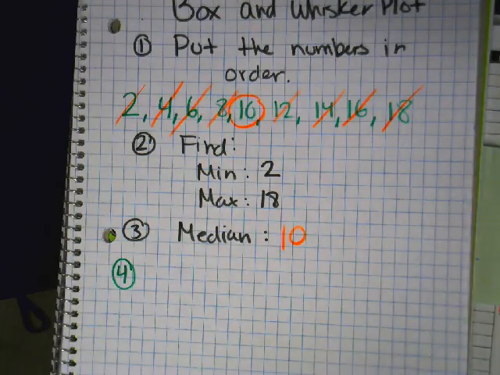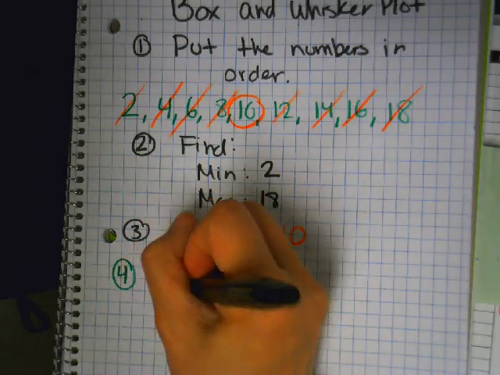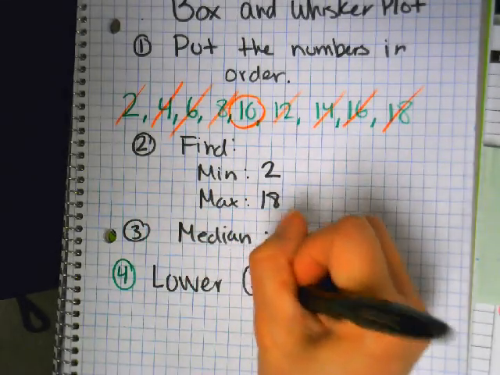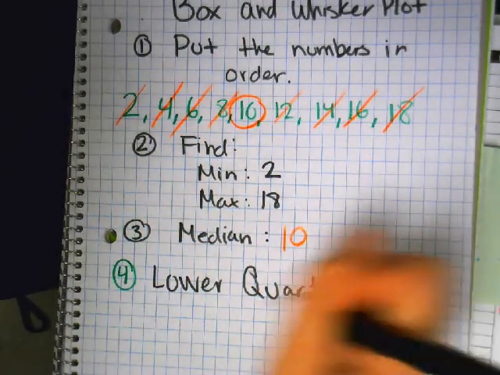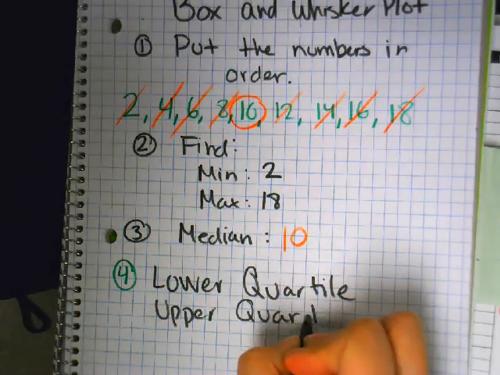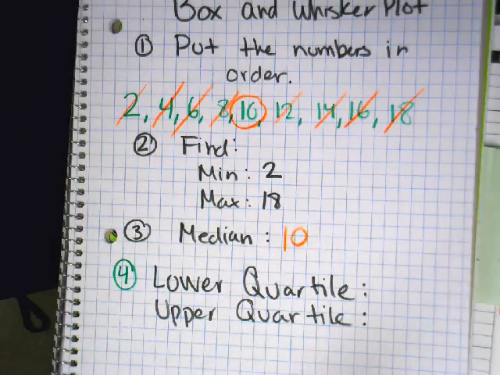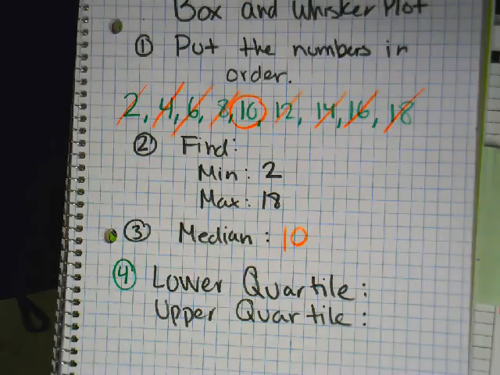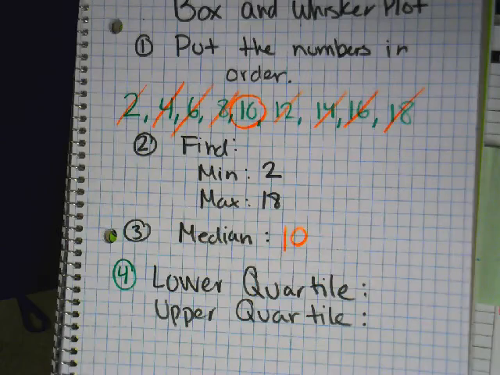Okay, now the fourth thing you're going to do is the lower quartile and the upper quartile. And we're still sitting there going, what in the world do these words mean? The vocabulary is quite interesting. Okay, lower quartile, upper quartile. It's actually pretty easy.